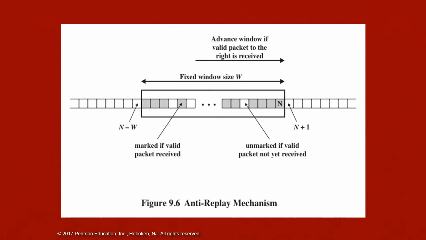If the packet is authenticated, the window is advanced so that the sequence number is the right edge of the window, and the corresponding slot in the window is marked. 3. If the received packet is to the left of the window, or if authentication fails, the packet is discarded. This is an auditable event.